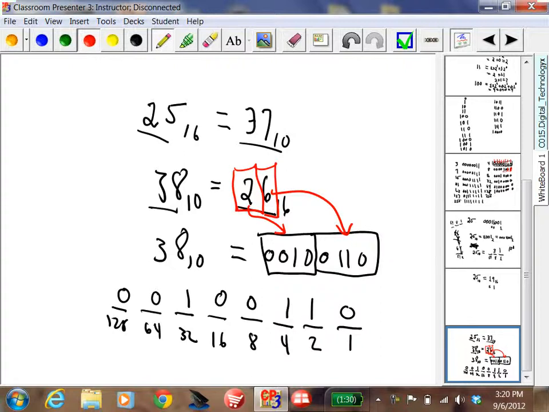And so usually when we talk about what's inside a computer, we say in a certain byte, we're storing these 8 binary bits, zeros and ones.